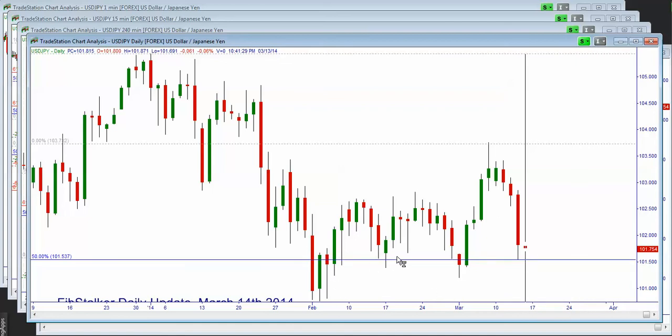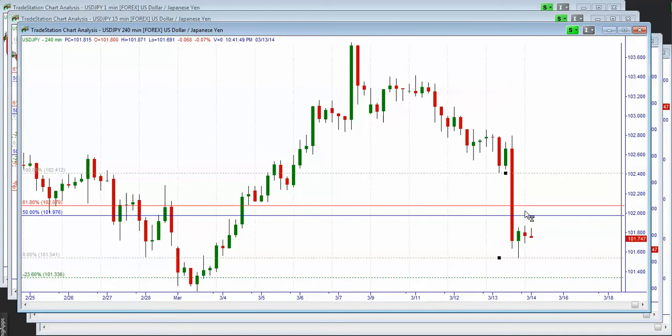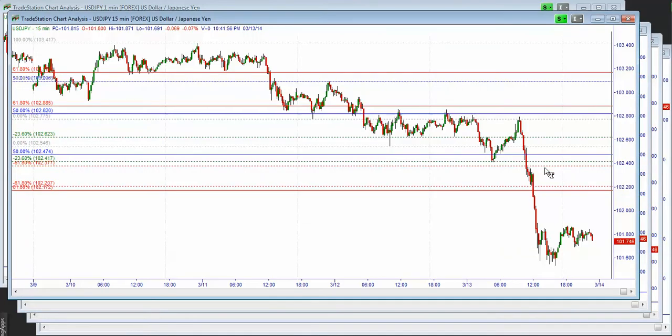This level was tested 3 times. The area initially was tested, then the level became more and more important here, and is still providing support to price. So in order to have a first confirmation that this is actually support, we will need to break this 102.08 on the upside.